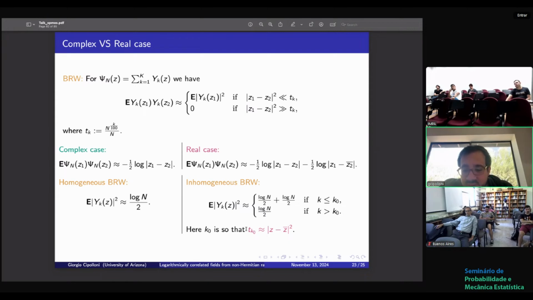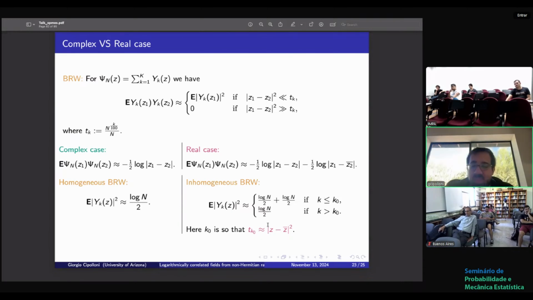So there is a k0, which is defined as follows: if k is small, then the variance is log n, because each one of these two terms contributes log n over 2. But then at some point, one of the two terms doesn't contribute anymore. So we get an abrupt change from log n to log n over 2.